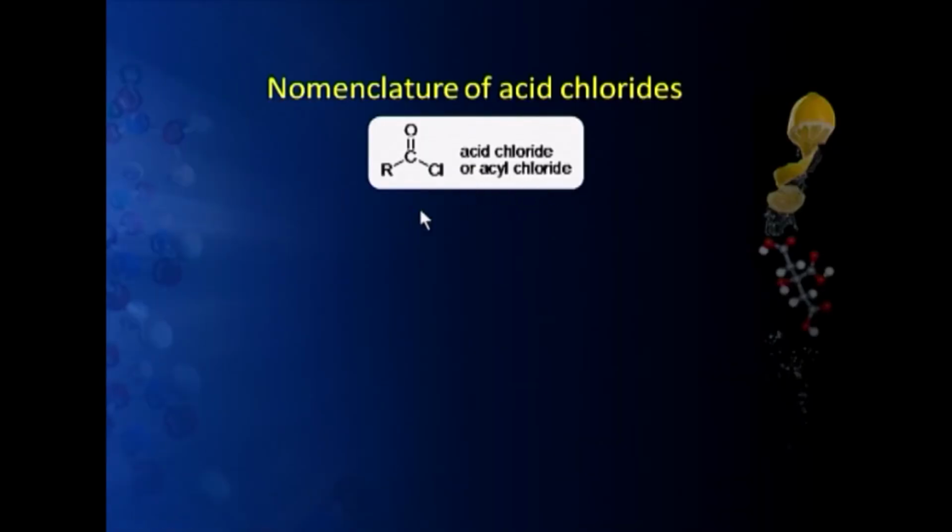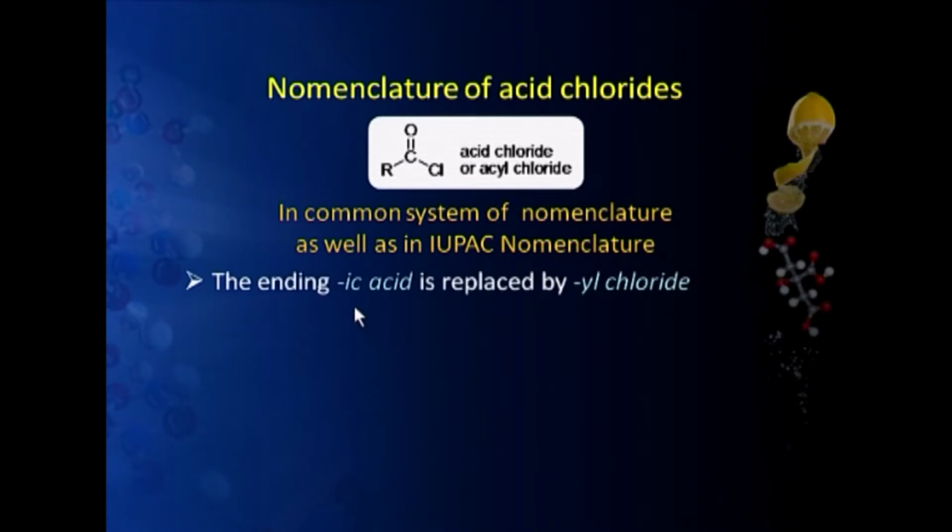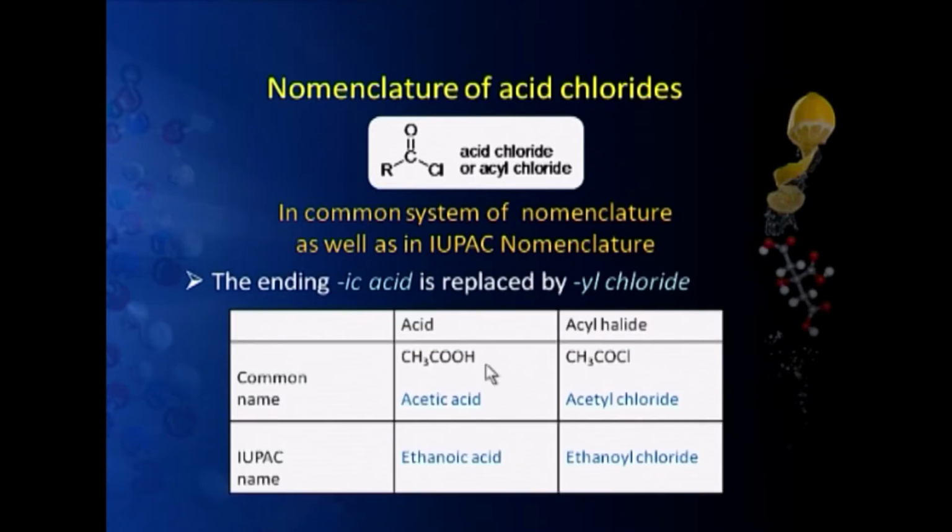The acid chlorides are named in the IUPAC system as well as by the common system, in which the suffix ic acid in the name of the acid is replaced by another suffix, yl chloride. Such as this common acid called acetic acid. The common name for this acid is acetic acid, whereas the IUPAC name is ethanoic acid.